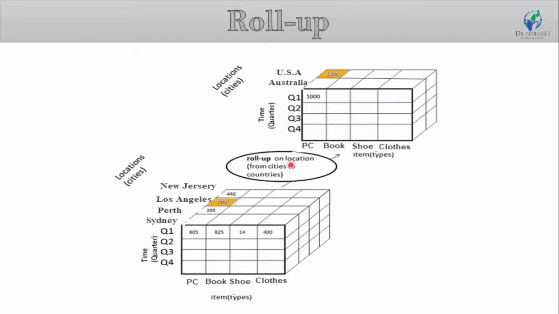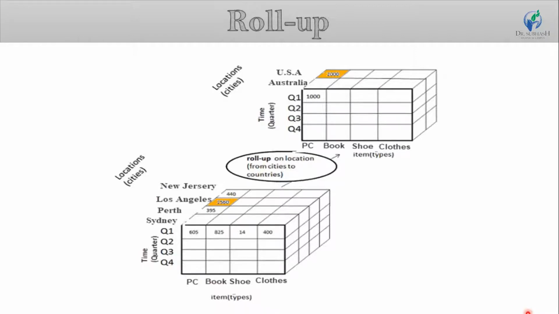They become 2000 after roll up. In this aggregation process, the data's location hierarchy moves up from city to country. In the roll-up process, at least one or more dimensions need to be removed. In this example, the quarter dimension is removed.